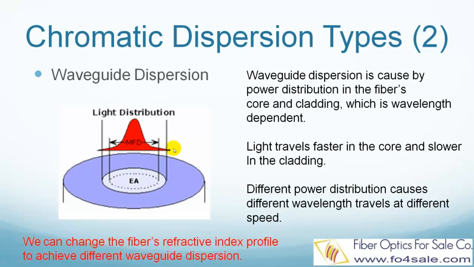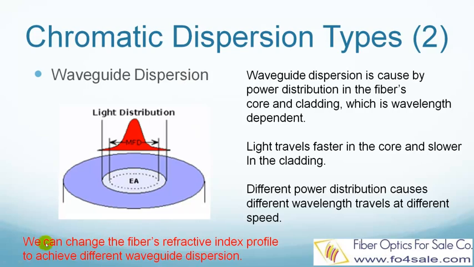However, the power distribution itself is a function of the wavelength. The longer the wavelength, the more power in the cladding. So different colors of light travel at different speeds because of different power distribution in the core and cladding. This phenomenon is called waveguide dispersion.